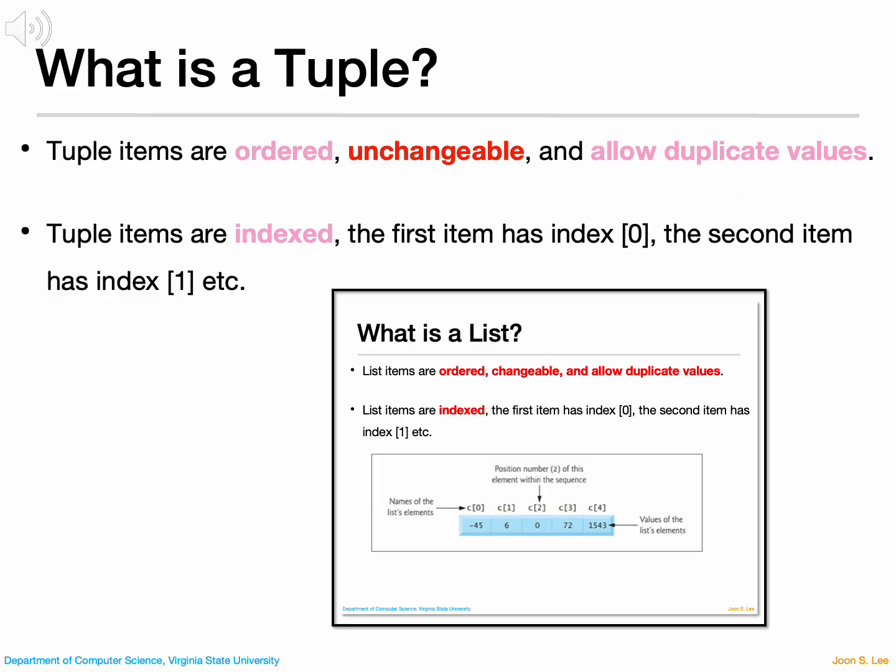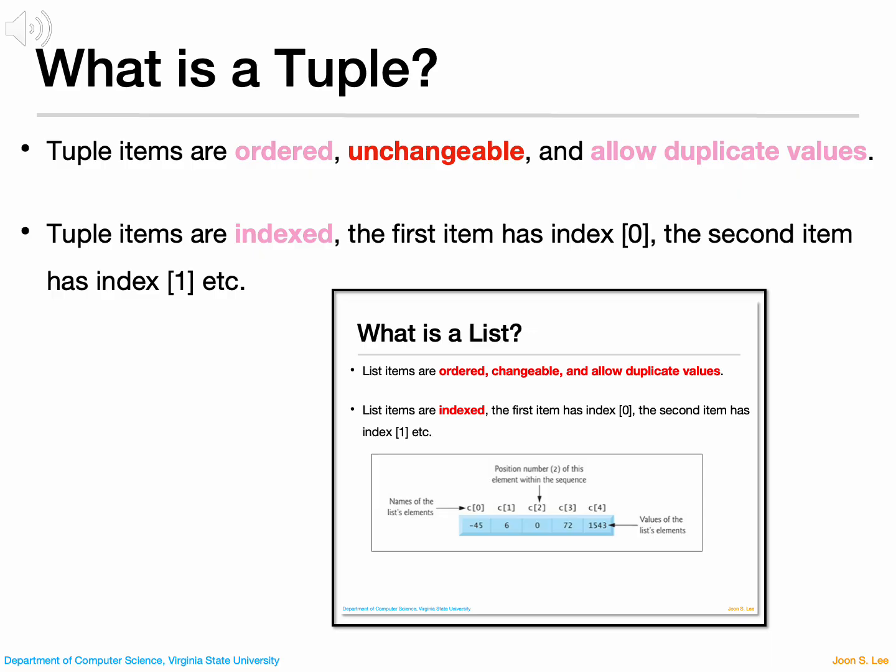If the same element appears more than once, Python keeps all of them, because both order and repetition matter in tuples. Tuples are also indexed, meaning each element has a specific position. The first item is at index 0, the second at index 1, and so on. Even though tuples are immutable, you can still access elements by their index and read their values. You just can't change them.